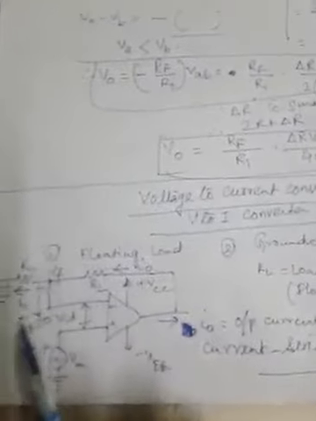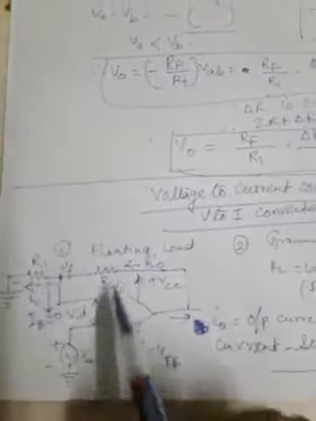Now we know from Kirchhoff's voltage equation, if we apply it to the input loop using Vin, VID and Vf at the input side of the op amp, we may write by KVL: Vin is equal to VID plus Vf.